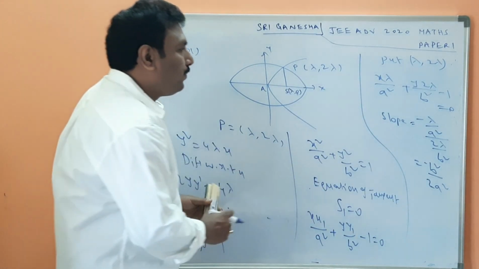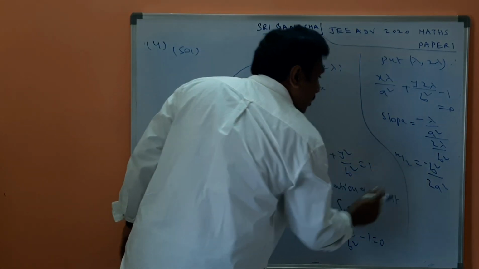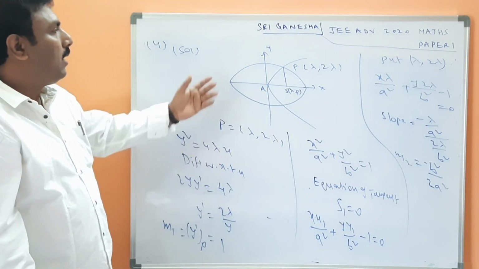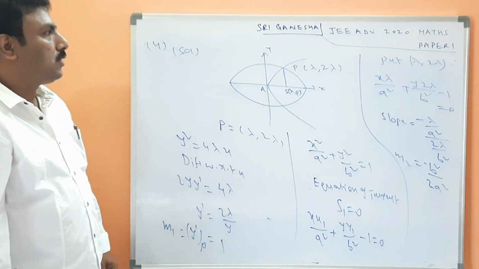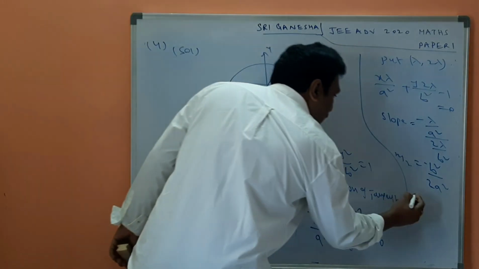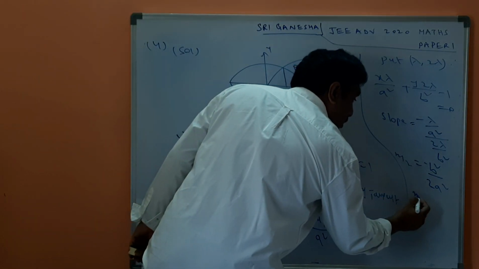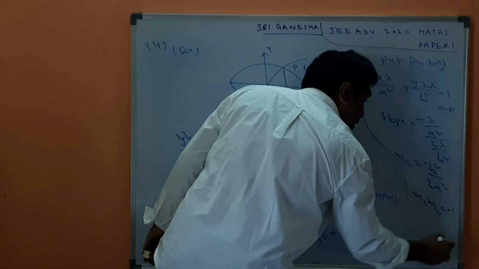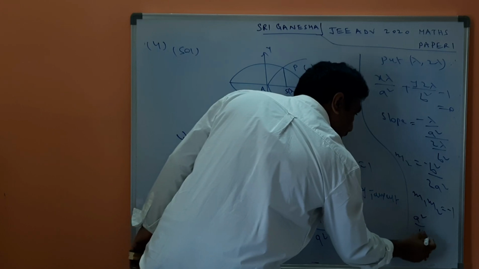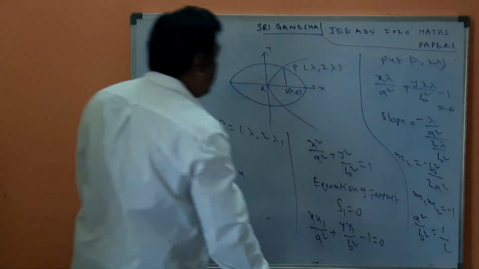It is m2. So m1 into m2 must be minus 1. The product of the slopes of the tangents must be equal to minus 1 because they are perpendicular. So applying m1 into m2 equal to minus 1, we are getting a square by b square is equal to 1 by 2.